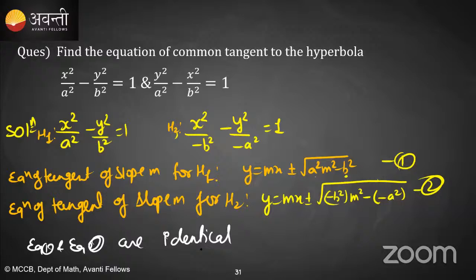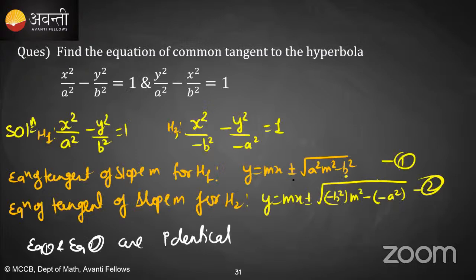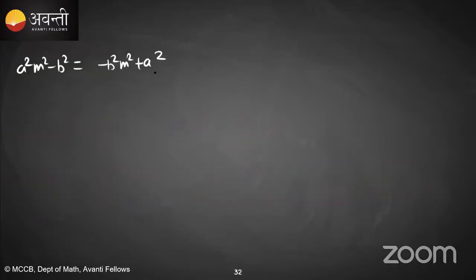If they are the common tangent, then they should be identical. So what does it mean? It means a square m square minus b square is nothing but minus b square m square plus a square. Clear, everyone? Clear?